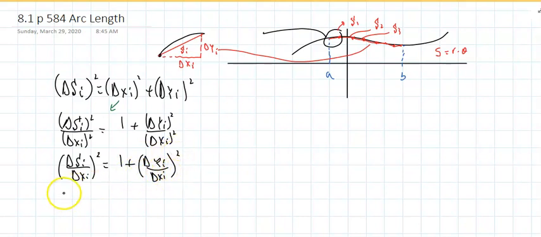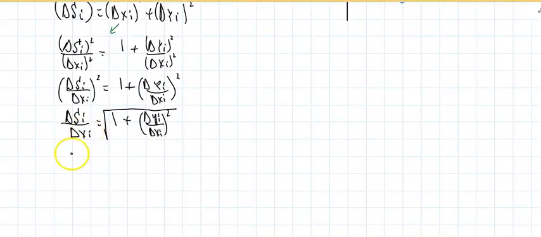From there, delta s sub i over delta x sub i equals the square root of 1 plus delta y sub i over delta x sub i, squared, and that would mean delta s sub i equals the square root of 1 plus the quantity delta y sub i over delta x sub i squared, times delta x sub i.